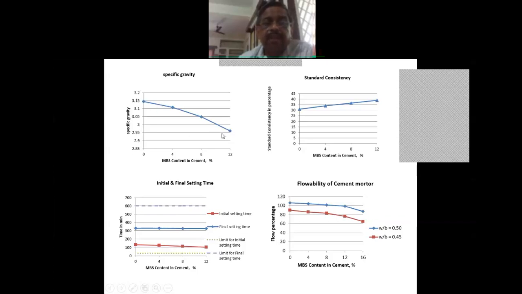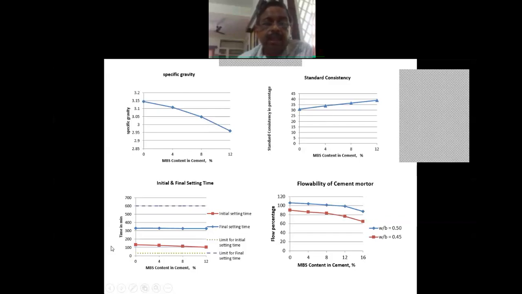So there is a huge difference. And if you are not accounting for it as a volume adjustment, then there will definitely be a problem in the concrete mixes.